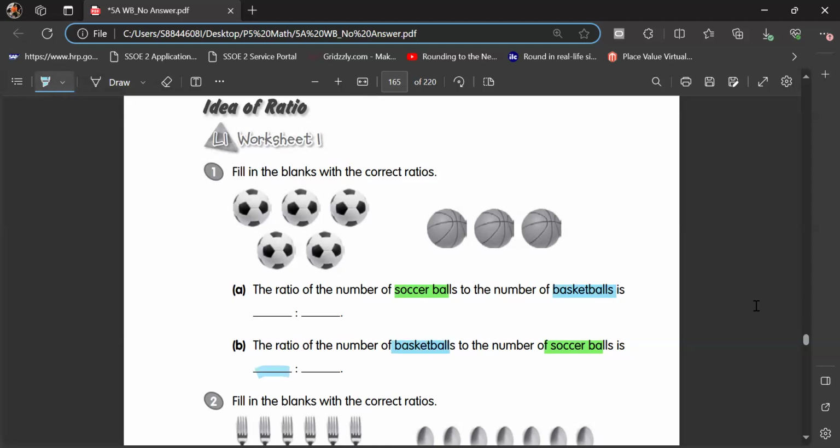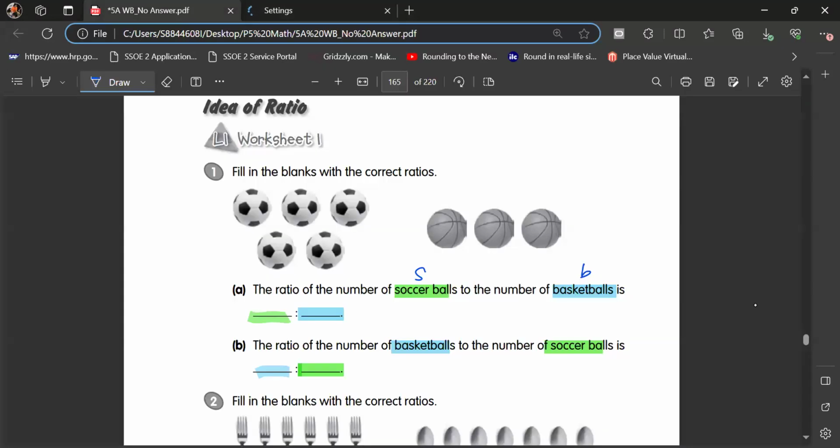So basketball, soccer. So I kind of color coded. So soccer, basketball. This annotation will help you. So I write here soccer to basketball to soccer.